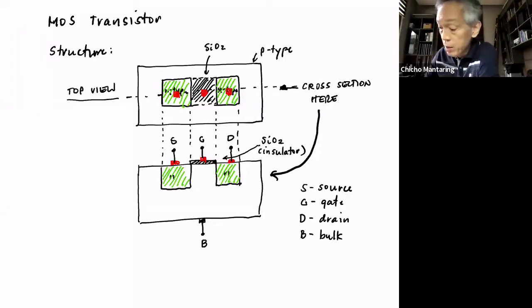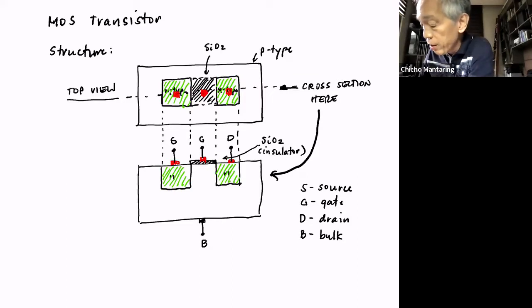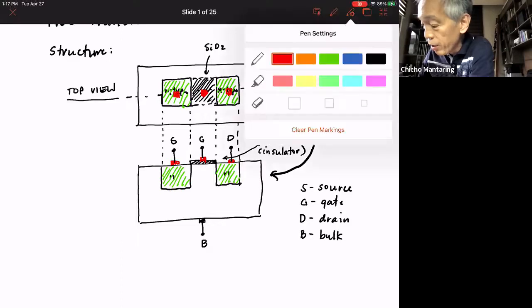Okay. So this contact is my source, this contact is my gate, and this contact is my drain. Sandali, no? Sorry, this is a little bit wrong.